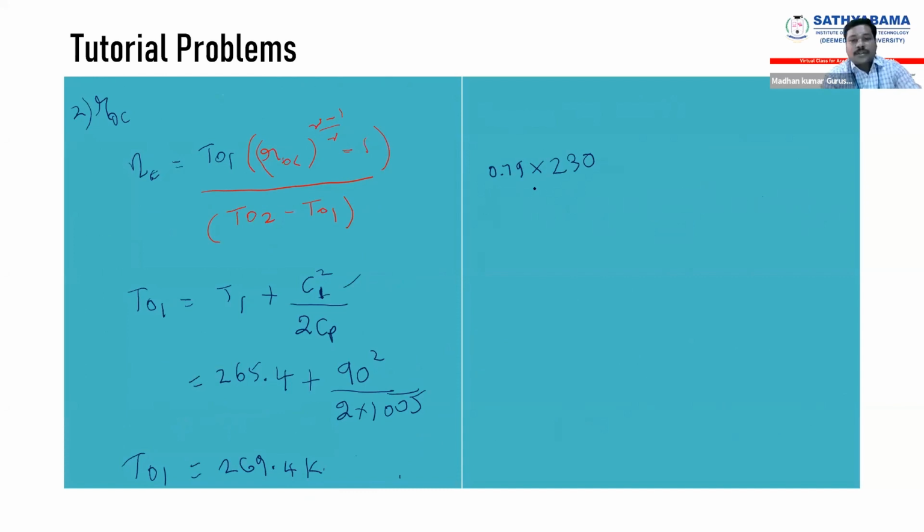So in this, divided by 269.4, right? And then you have to convert this into Kelvin. So what is it in Kelvin now? It is 230.